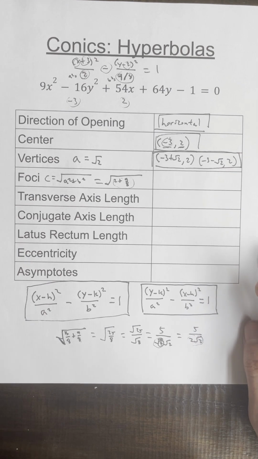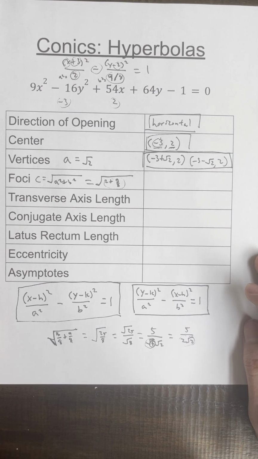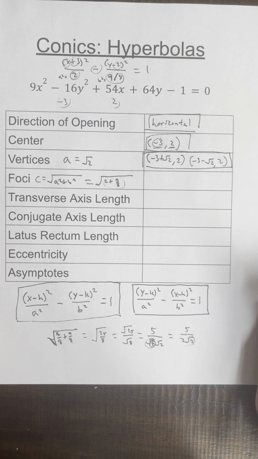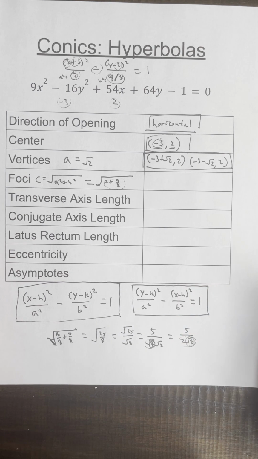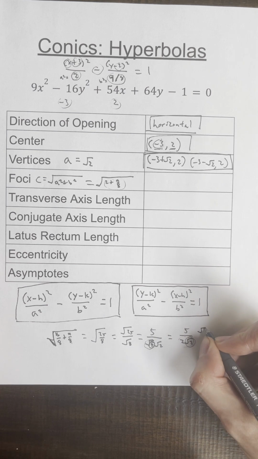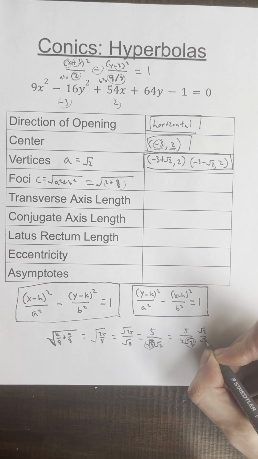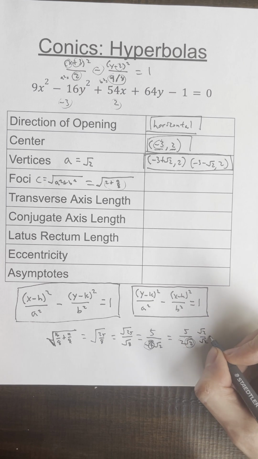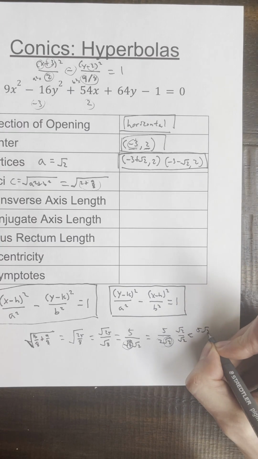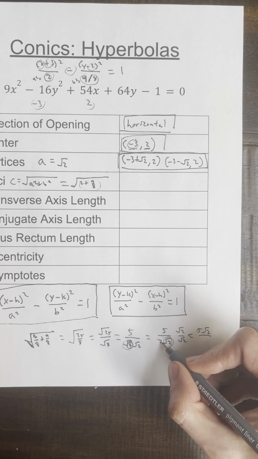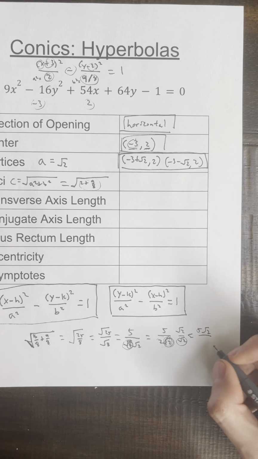So we need to rationalize the denominator here. How do we do that? How do we get rid of the radical in the denominator? We can multiply the top and bottom by it. So 5 times root 2, that's just 5 root 2. And then this becomes 2 times root 2 times root 2.